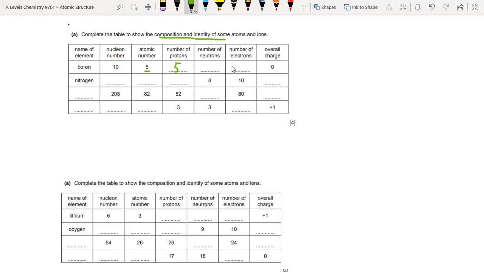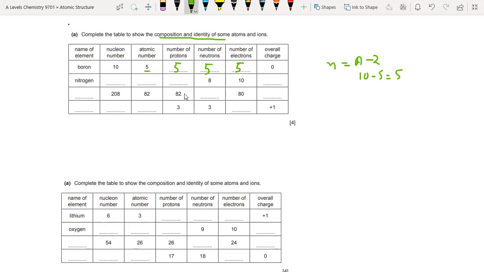Net charge is 0, so number of electrons will also be 5. Neutron number can be found using the formula A minus Z. A is given 10, Z is 5, so the number of neutrons must be equal to 5. This was the simple one.